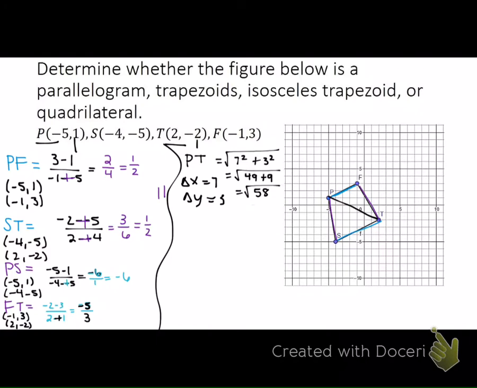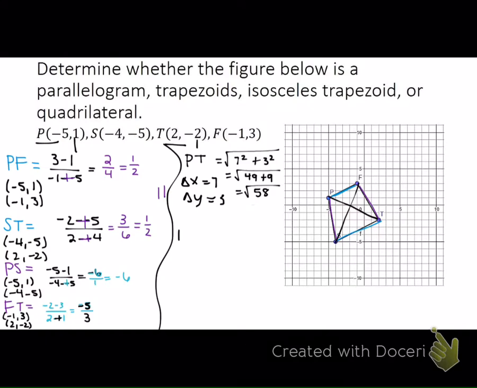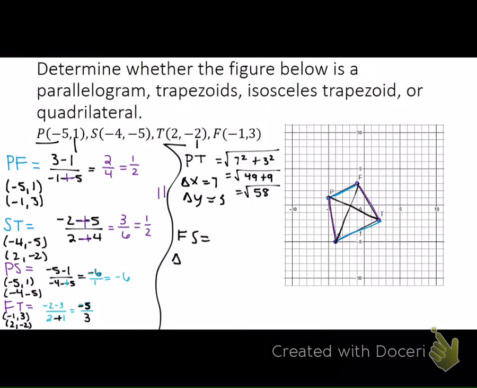And then what is my other diagonal, Carmichael? So F and S have a change in X of 5 and a change in Y of 8.